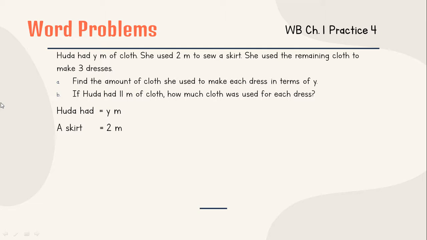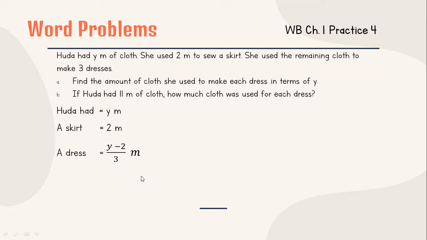And how about the dress? She used the remaining cloth. The remaining cloth means Y minus 2, divided by 3. Why divided by 3? Because Huda made 3 dresses. So for A, the amount of cloth she used to make each dress, the answer is Y minus 2 divided by 3, or Y minus 2 per 3.